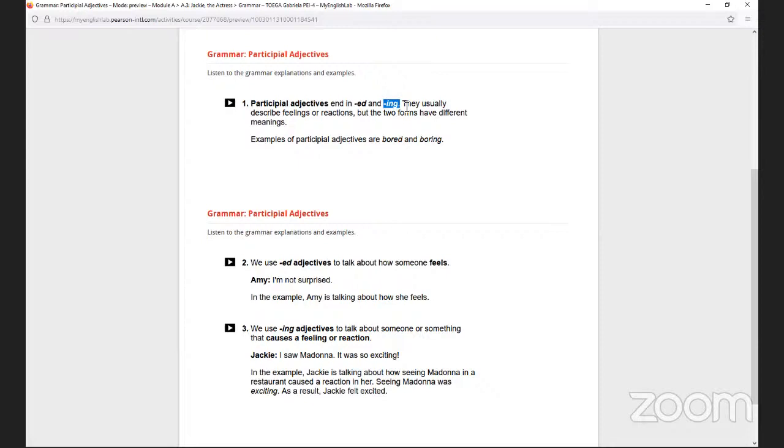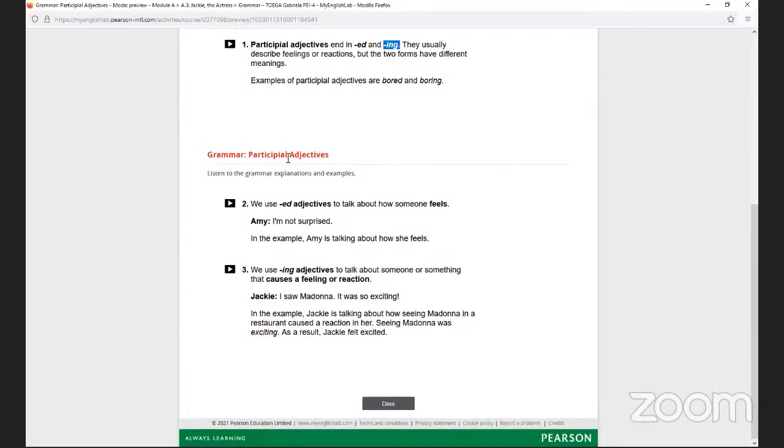If we use an ed ending, it means we're gonna talk about feelings, how a person feels, but only in that moment, okay? But when we use ing, we talk about the reaction of the person, or feelings of the person, but it is not momentaneous. This is for all the time, right?